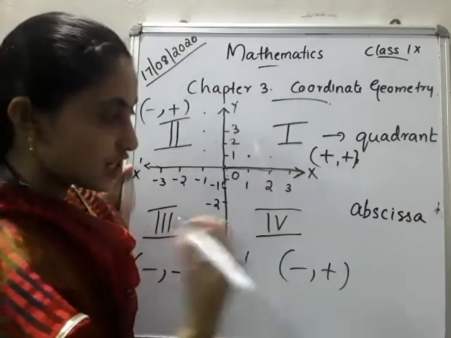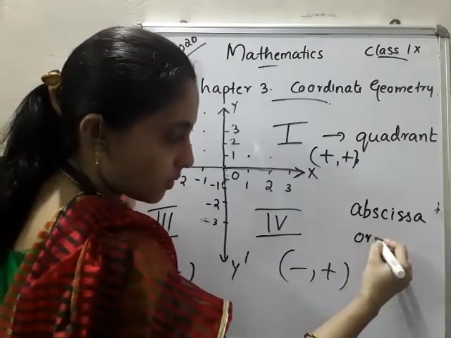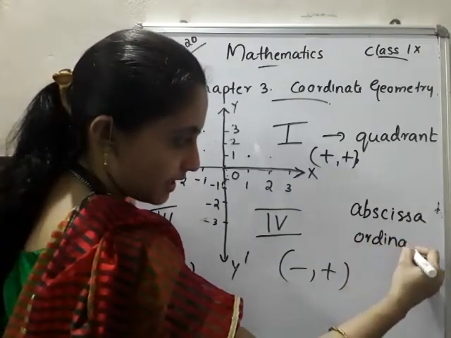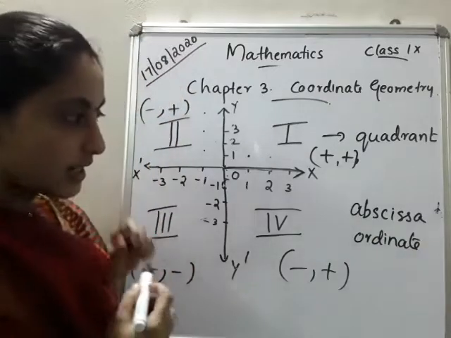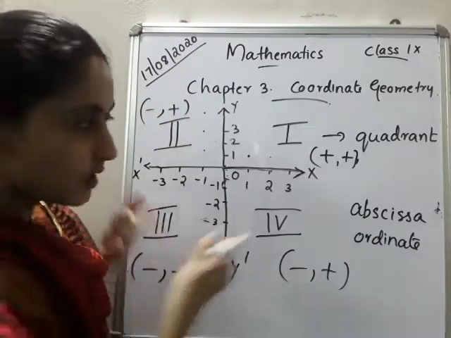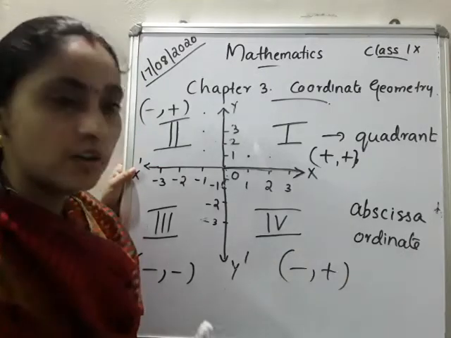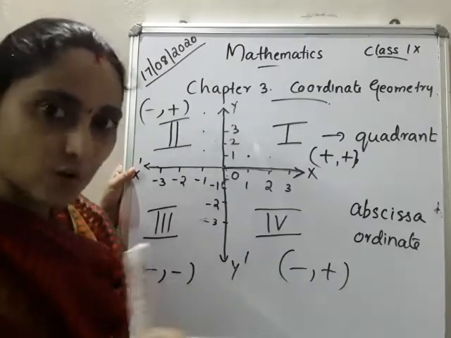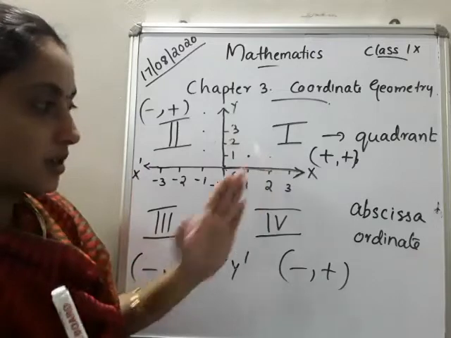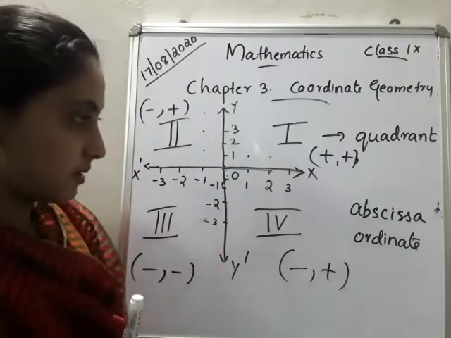The Y coordinate is ordinate. So the other name of the X coordinate is what? Abscissa. And the other name of the Y coordinate is what? Ordinate. You have to remember this also.